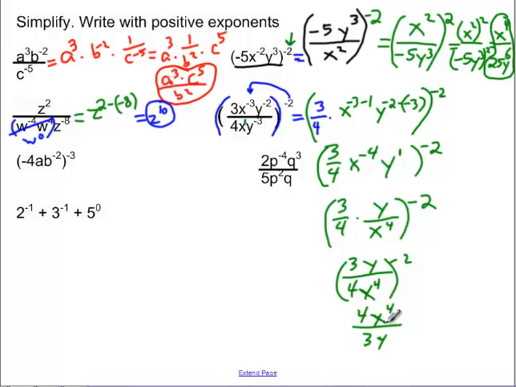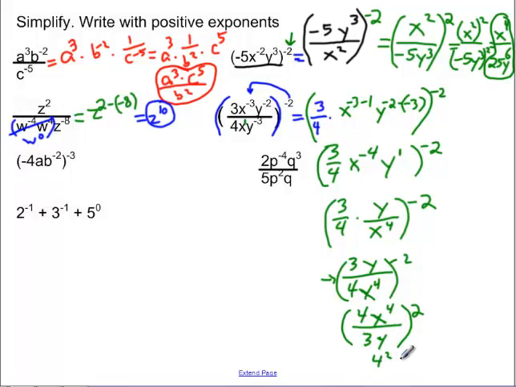We've now taken this base and flipped it, made it a reciprocal. 4x to the fourth power in the numerator, and 3y in the denominator. That way, when we take the reciprocal, we can change the negative 2 to positive 2, and now we just simply say this is our answer.